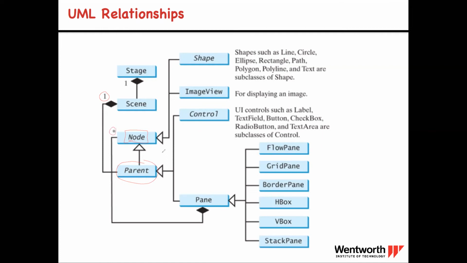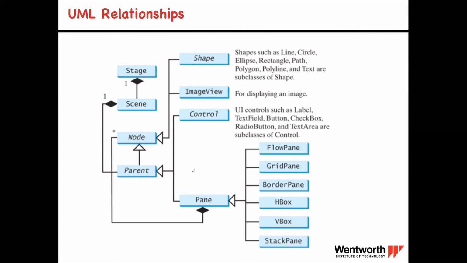That's what the star is here. So the UML relationship is a little bit complicated, but the idea is that you attach something to the scene, one thing, like we saw the panes, and then you attach that to the stage. And a pane is a child of a parent. So a pane is a parent. So that's why we could put a pane into the scene because of this relationship.